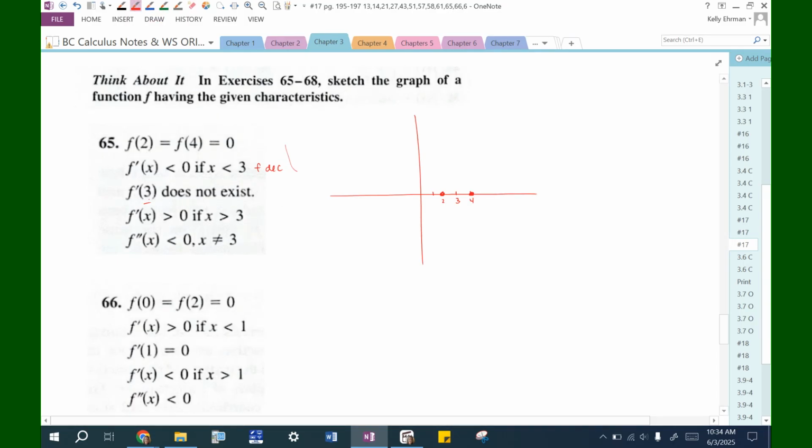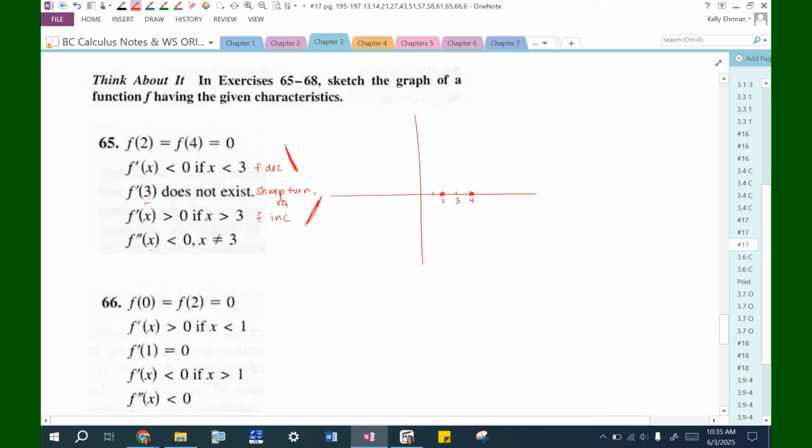That could be a sharp turn. Or it could be a vertical asymptote. f prime of x is greater than 0 to the right, so f needs to be increasing to the right of 3.